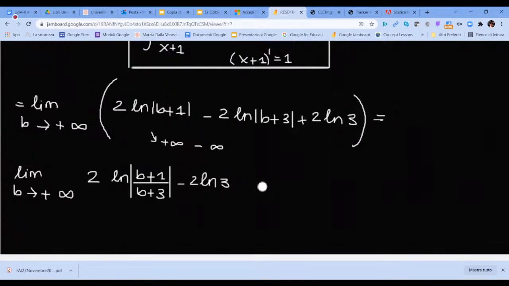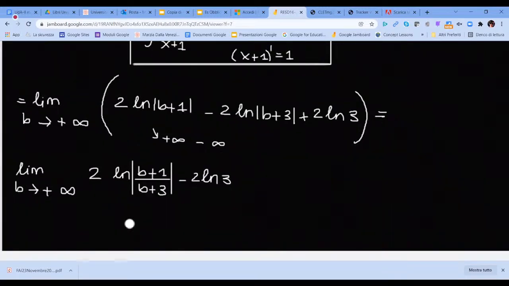Okay. Now, where is this fraction going? If you compute the limit of this function for b approaching plus infinity, it is 1, because the exponent of the variable b is the same both under and over the fraction.